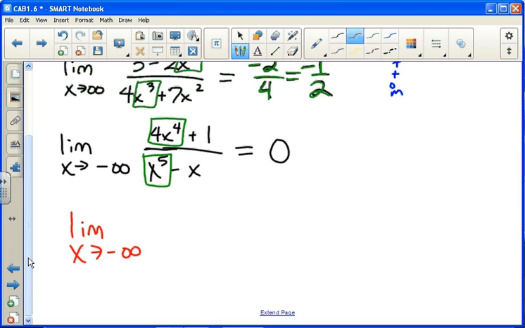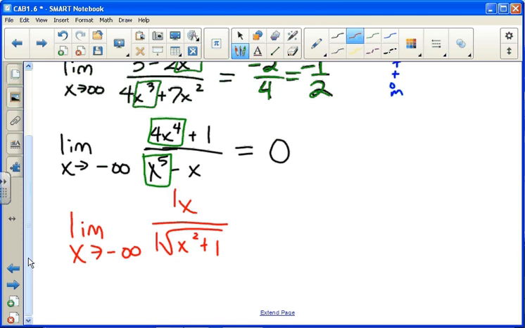When you're looking at the powers, that denominator, you should actually treat it just like it's x. Because that x squared is inside of a square root, it ends up working just like an x. So you treat that like x on top and x on the bottom. So those powers are the same top and bottom. So you would just go with the coefficients, which are 1. But you have to be careful about your signs, and that's because we're approaching negative infinity.